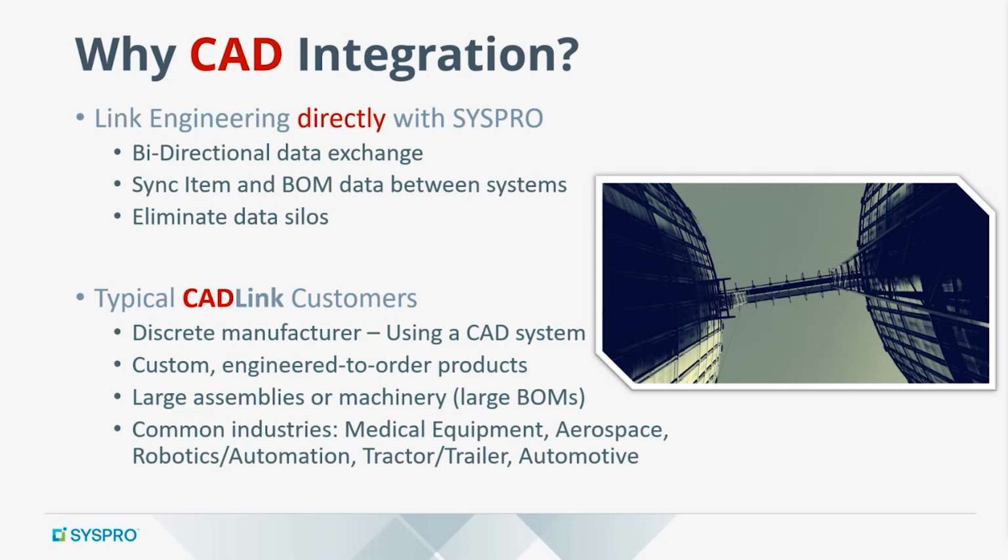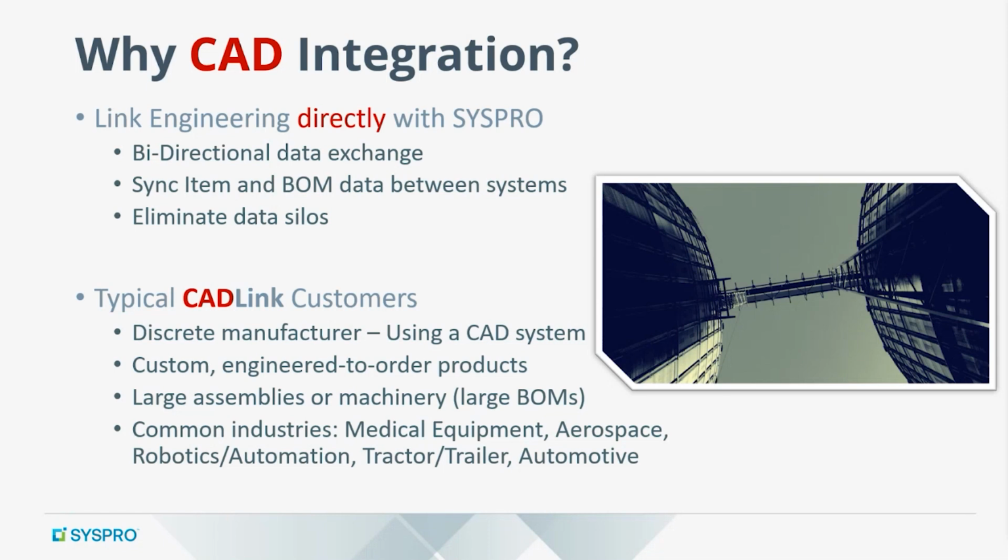So typical customers of CADLink, well, it's folks that are discrete manufacturers. So obviously they're using a CAD system. They're perhaps doing custom or engineer to order products, meaning that they're making new bills of materials or new designs often and need to update SYSPRO often. Or perhaps they've got large assemblies or doing large machinery where they've got a lot of information to sync over.